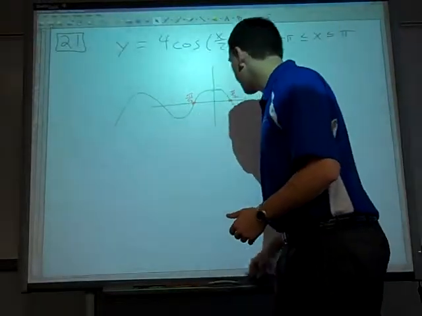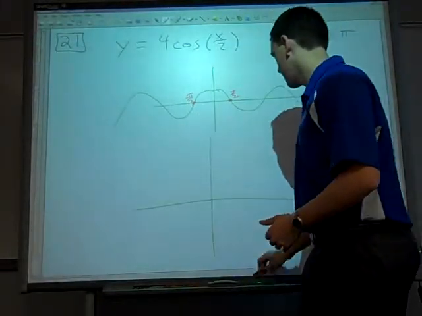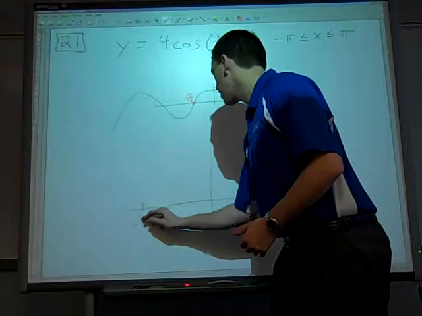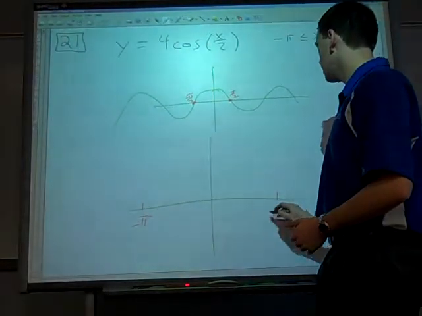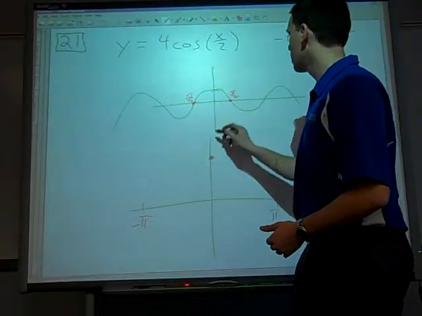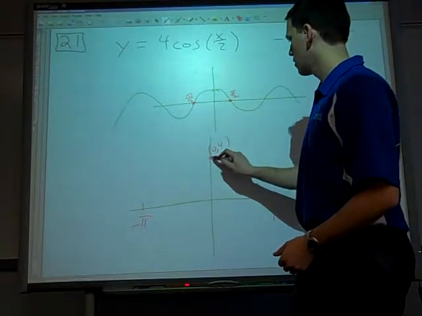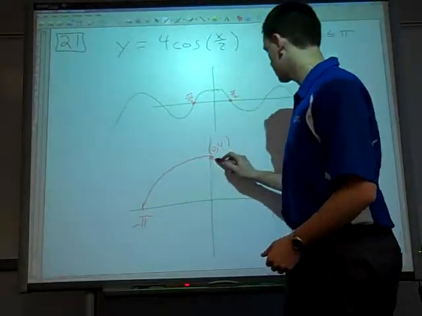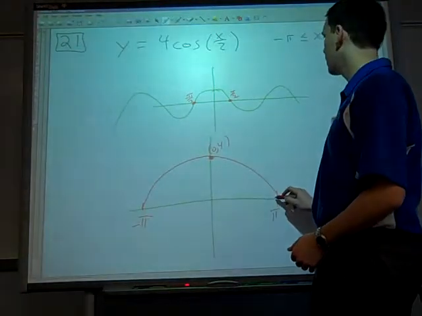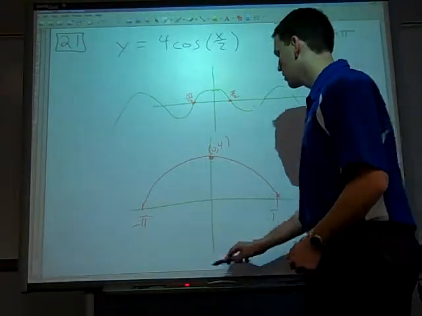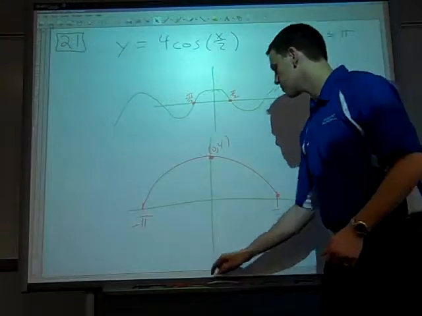So my new graph is here's negative pi, here's pi, and then my new point, it went from 1 to 4, something like that. So there's our graph.